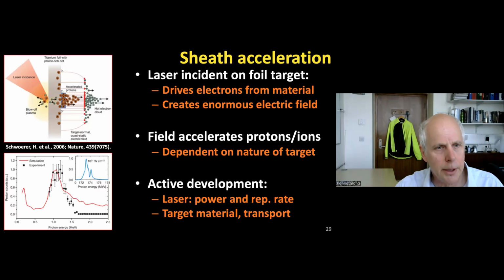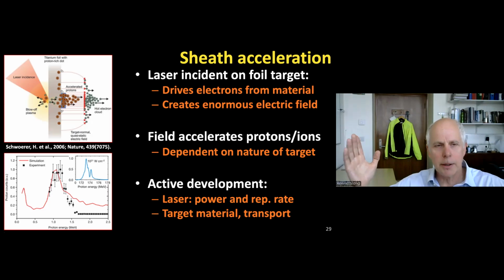Those that are accelerated into the foil ionize the material, so it creates more electrons which are in turn accelerated by the electric field. By the time the electrons pop out the back of the foil, their speed is relativistic, so they're moving at some significant fraction of the speed of light, and they race away from the surface. That creates, in the jargon, a space charge.